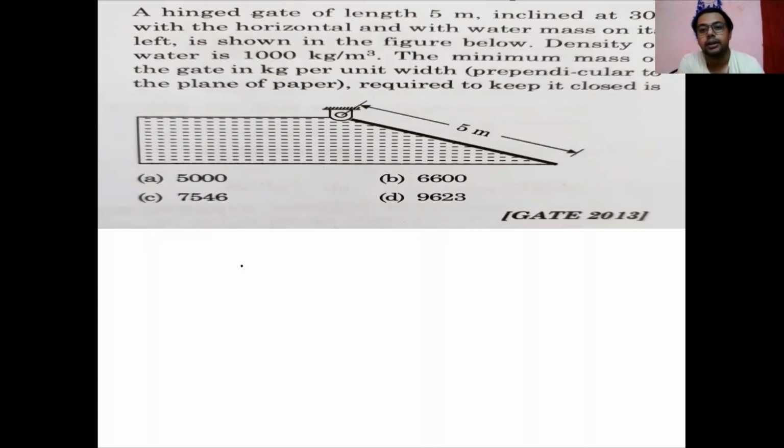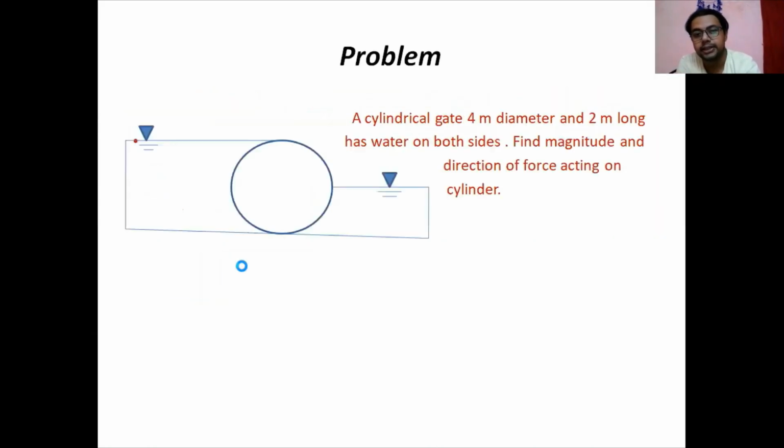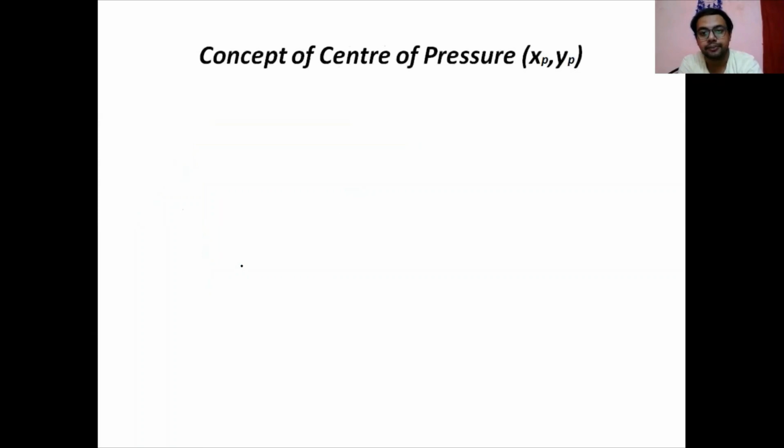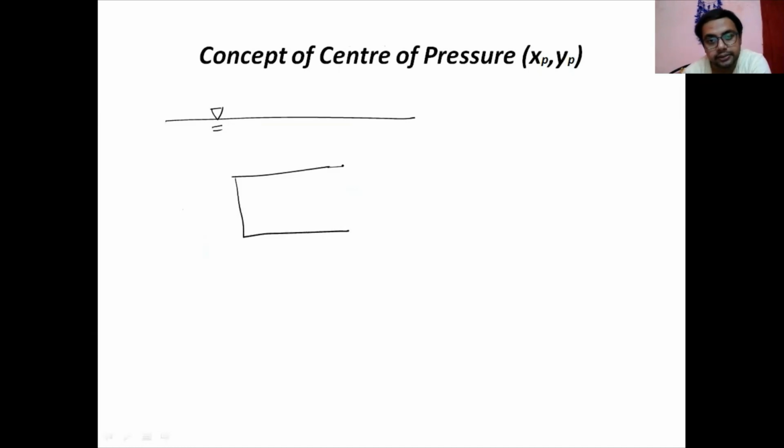Before going to solve the problem, just conceptually I'm telling it to you. From the free surface, if any surface is given to you, a rectangular surface, say 5 meters by 2 meters.